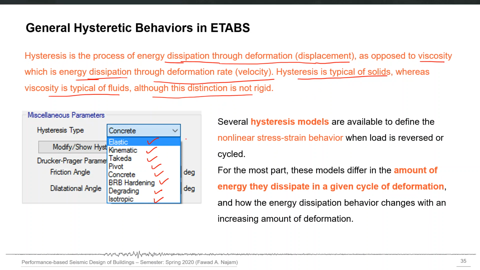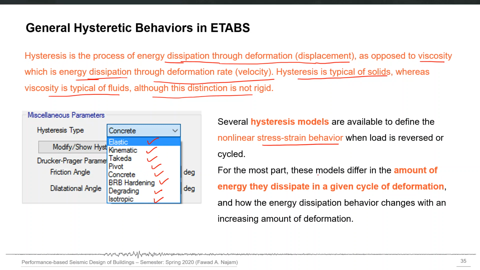So several hysteresis models are available to define nonlinear stress strain behavior. In fact, they are there for any nonlinear action deformation curve, not only stress strain behavior. Whenever loading is reversed, action is reversed, it will unload based on one of these rules which you have selected and assigned to that backbone curve.